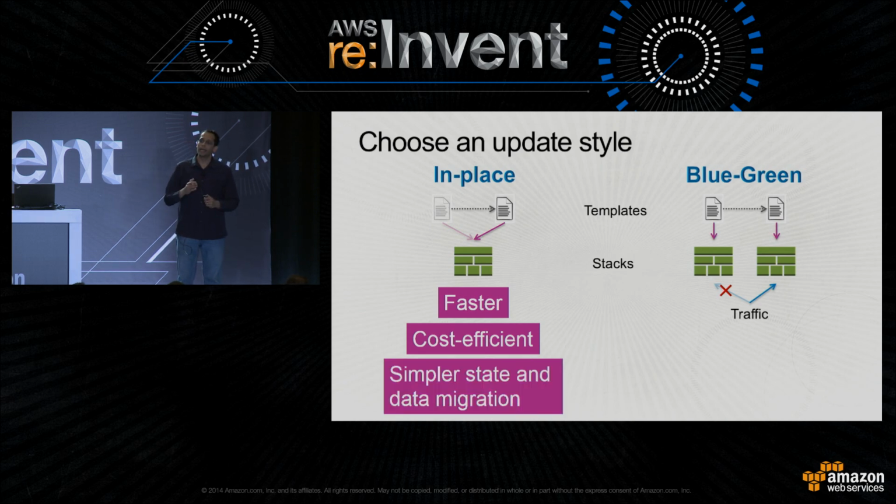And migrating application state and data that's there in that existing stack is straightforward because you're not changing anything in terms of data or state. Whereas in the other style, you need to figure out strategies to migrate application state and data into the new stack, possibly by creating a completely separate data stack.